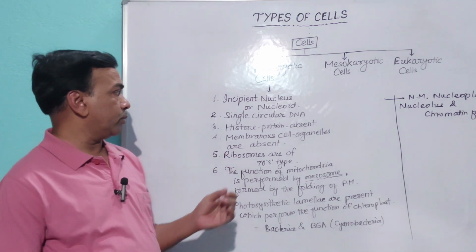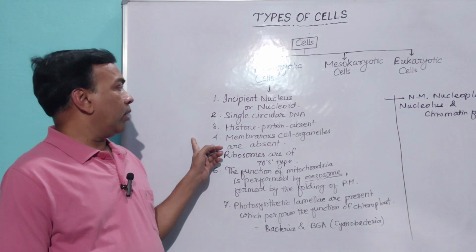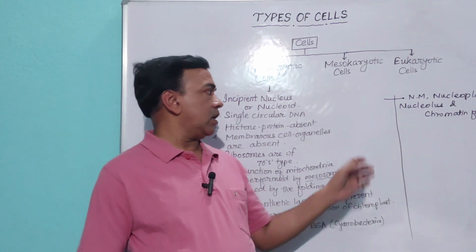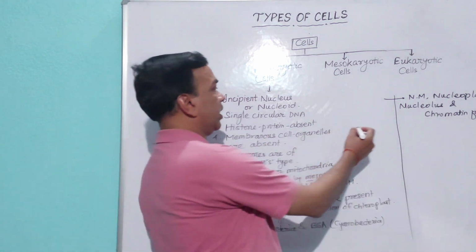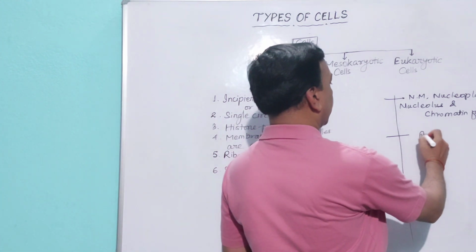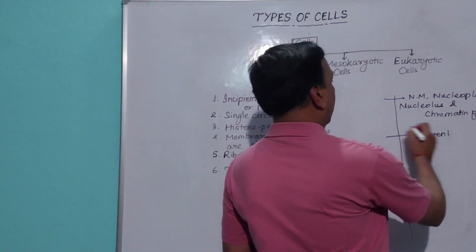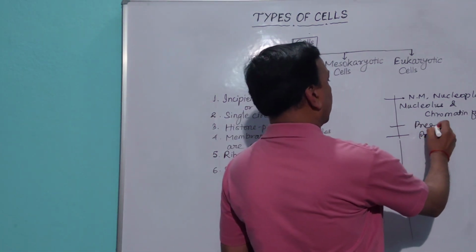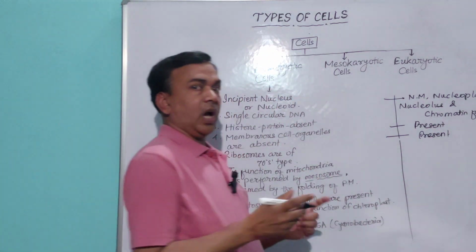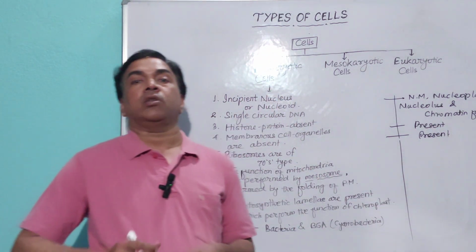All the membranous cell organelles which were absent in prokaryotic cells are present in eukaryotic cells.